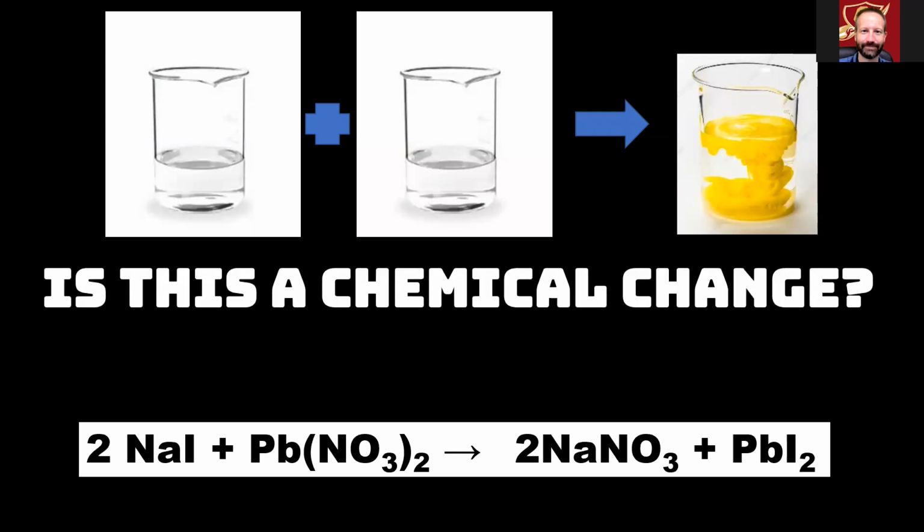And when I pour one beaker into the other, this is what happens. It's yellow, just like the painted glass. Do you think this is a chemical change? Okay, you kind of got an idea. Yeah, this is a chemical change. I had transparent liquid. Now there's a yellow floating around it, which, by the way, is a solid.